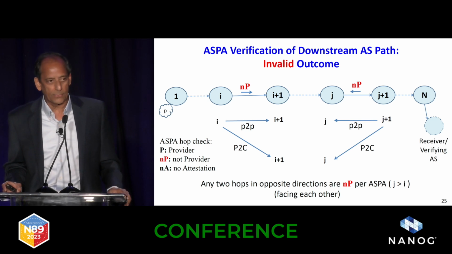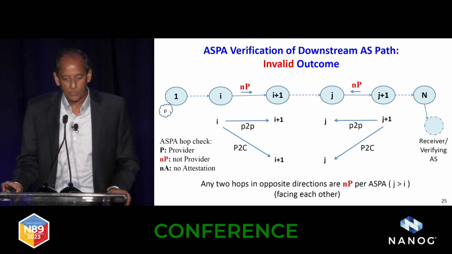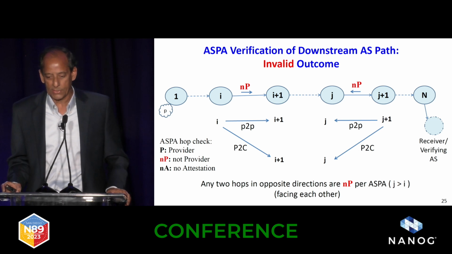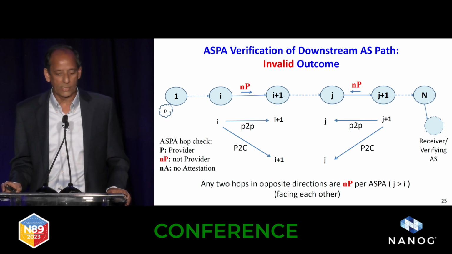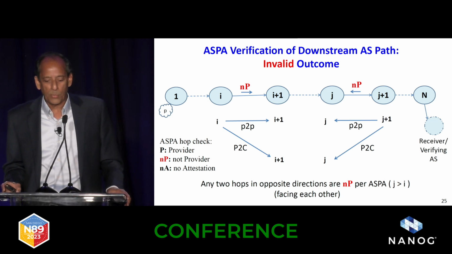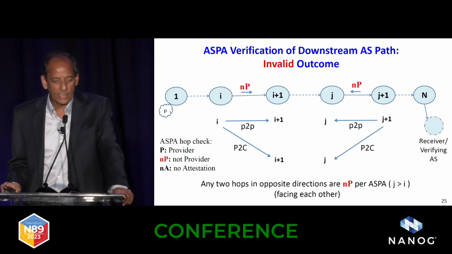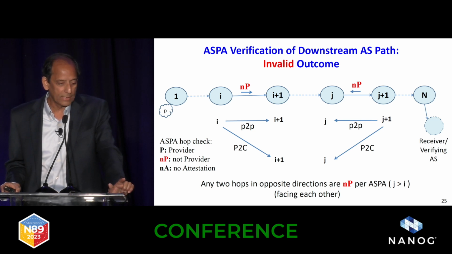So this next set of slides is regarding the downstream path verification. First, we focus on invalid. So the receiving AS on the right-hand side is receiving this AS path 1 to n. These are unique ASNs, unique ASs. And in this path, what the router looks for in the algorithm is whether or not the following is true.